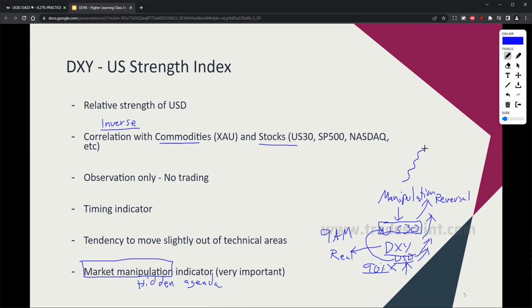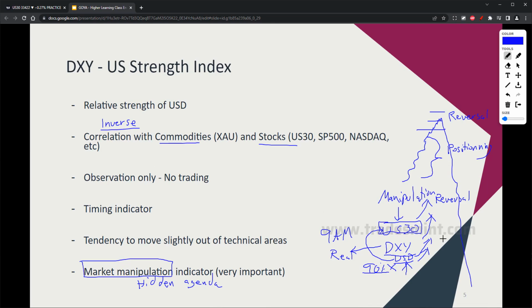So if US30 is going up, I should look at technical levels where I could have my reversal. And that this whole movement was just market positioning, because certain institutions wanted to reach a price to execute their idea and then eventually push the price.